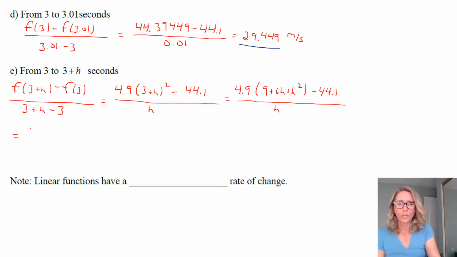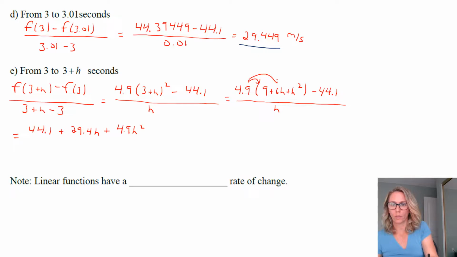It's still equal. You might not be surprised to find out that 4.9 times 9 is 44.1. And then plus 29.4h, and then plus 4.9h squared. So I'm just distributing that 4.9. That's what I'm doing right now, just in case you wanted to know.